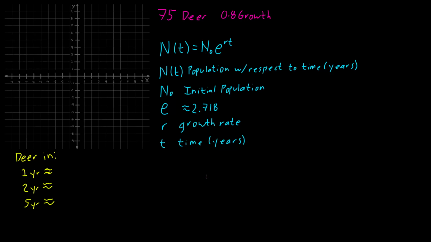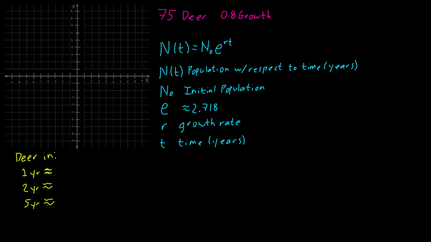We're just going to be evaluating the value of the function. Let's say there's a nature preserve, and they put 75 deer in there, and they're estimating that the growth rate of the deer population is going to be 0.8. They want to know, in 1 year, how many deer there will be approximately.